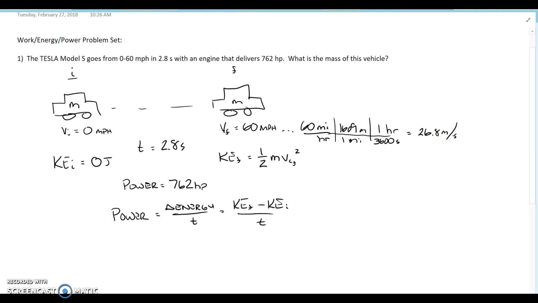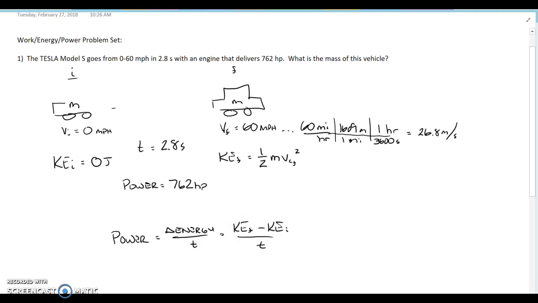I also know that my power in horsepower needs to be converted. I'll set up a fence post to get from horsepower to watts. We have a conversion that 1 horsepower is equal to 743 watts. I believe that's the correct answer.